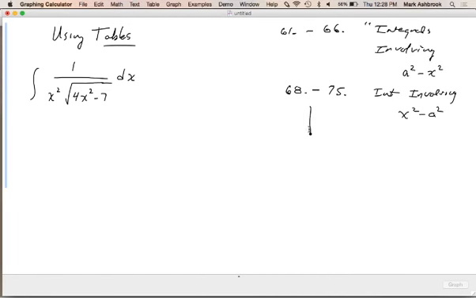It says the integral of dx over... this is a little confusing because they're doing it in terms of x, so I'm going to change it to du.